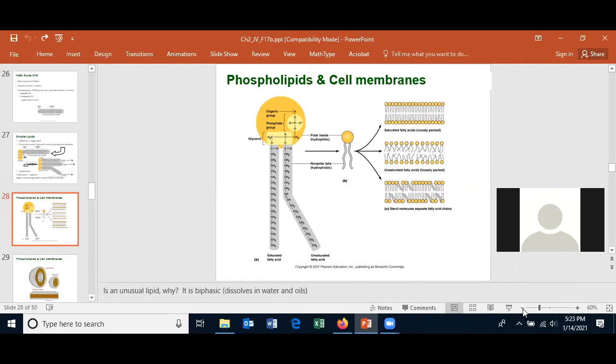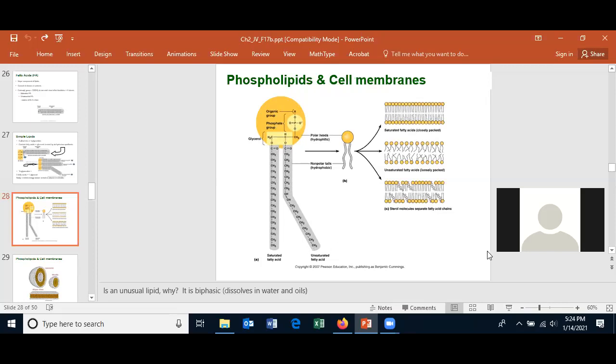Nope. Let's move on to another type of lipid, the phospholipids. They are the unusual lipid because this lipid can dissolve in water. The reason why it can dissolve in water is it has a head portion, this circular portion, as well as the tail portion.